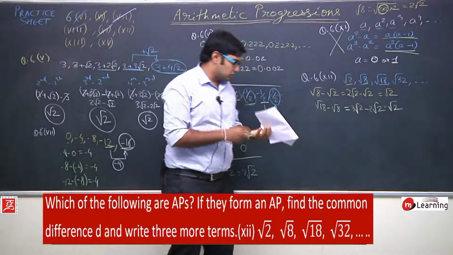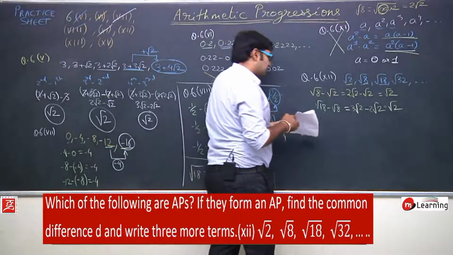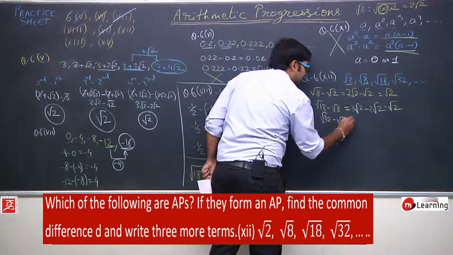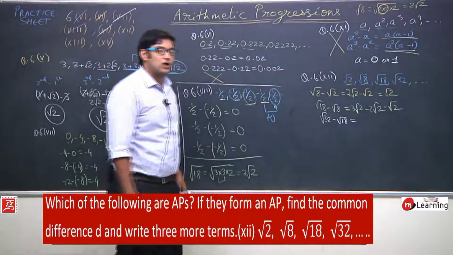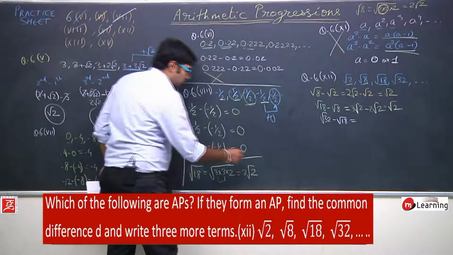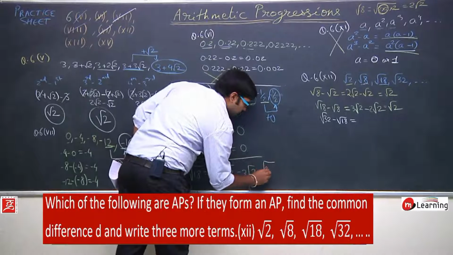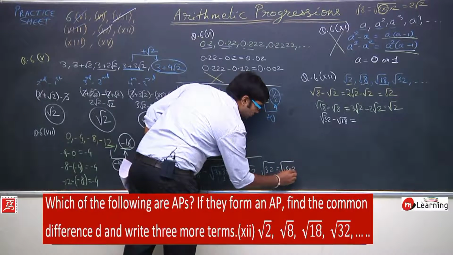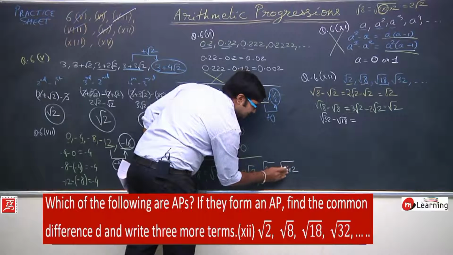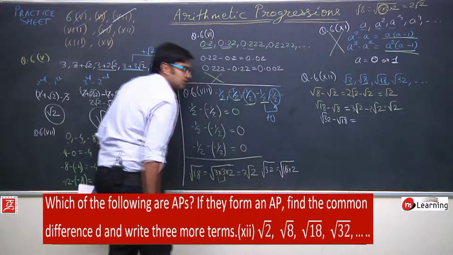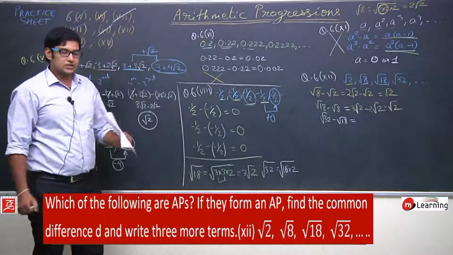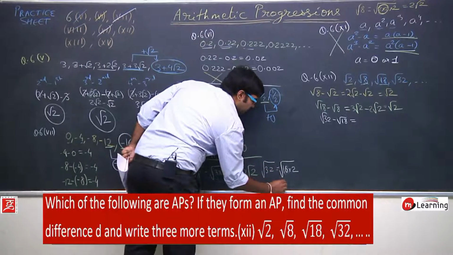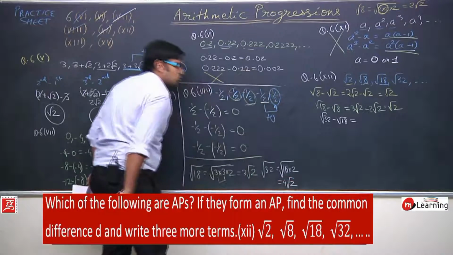Now what about root 32? I will have the next value as root 32 minus root 18. What is root 32? How will you calculate root 32? Root 32 can be written as root of 16 into 2. 16 is basically the square of 4, so I can write root 32 as 4 root 2.